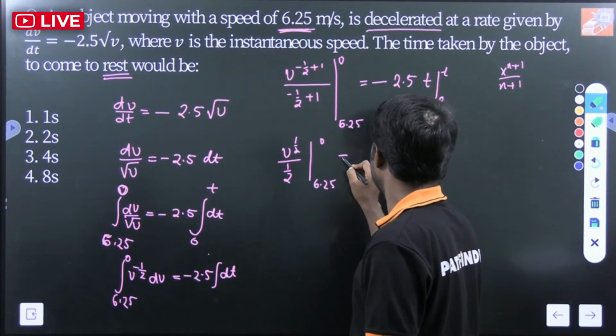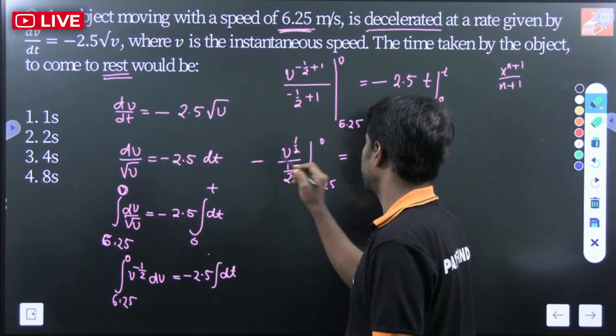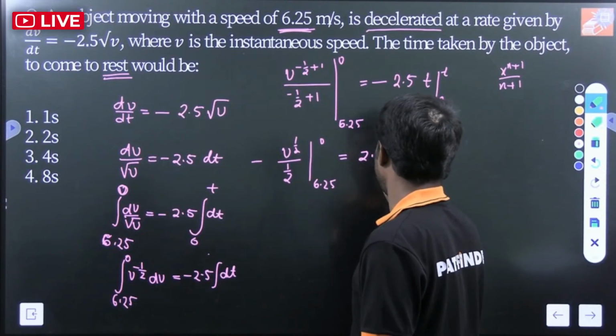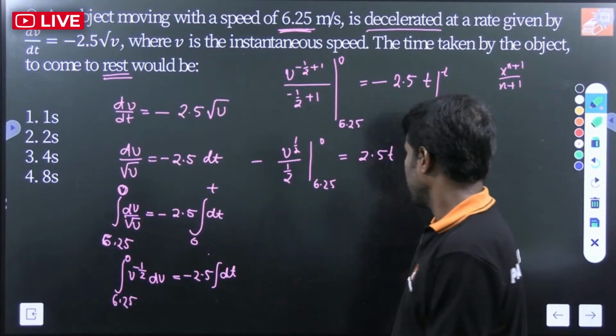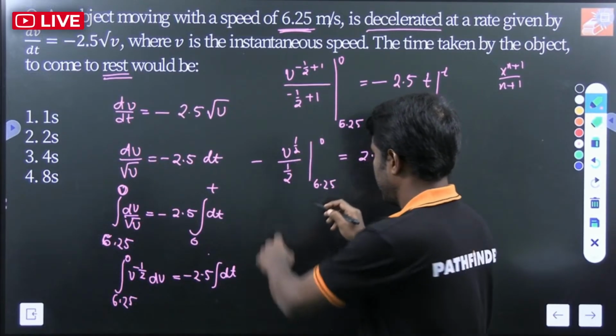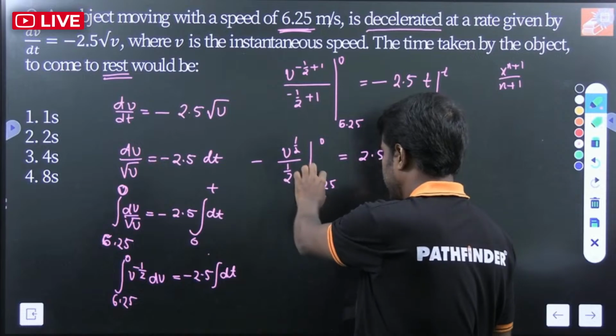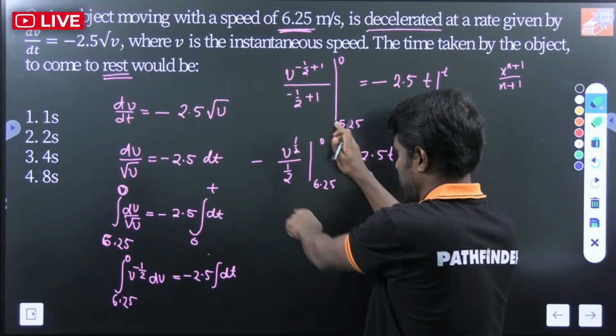Now we take this minus sign to that side, giving 2.5 into t. The 2 comes to the numerator, the minus sign is absorbed, and the limits are interchanged.